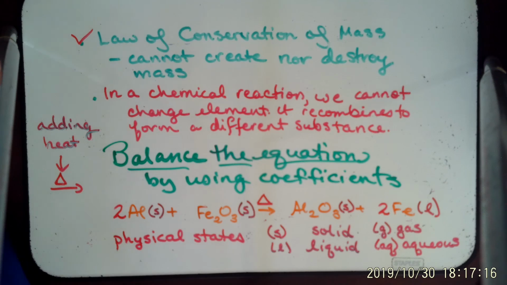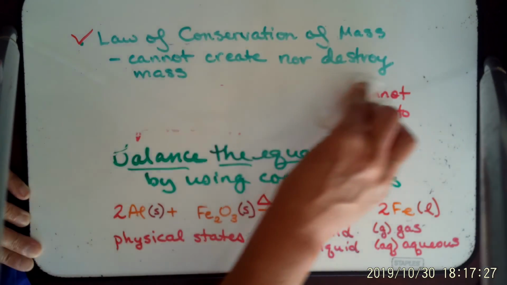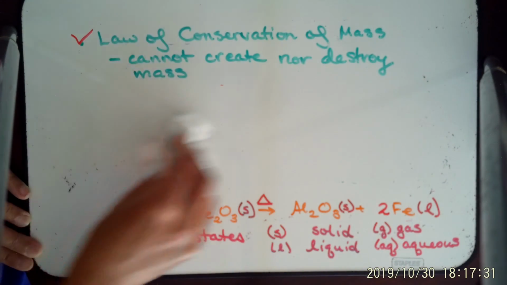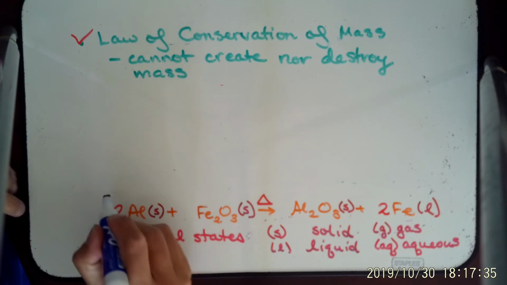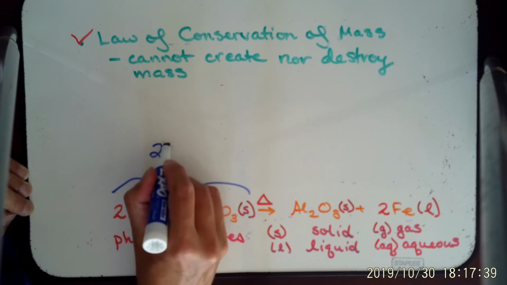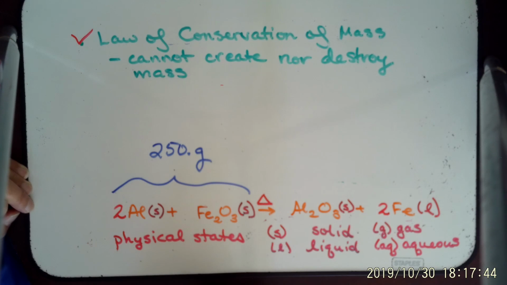So what happens, let's say, if I started off with, in total, 250 grams of reactants.